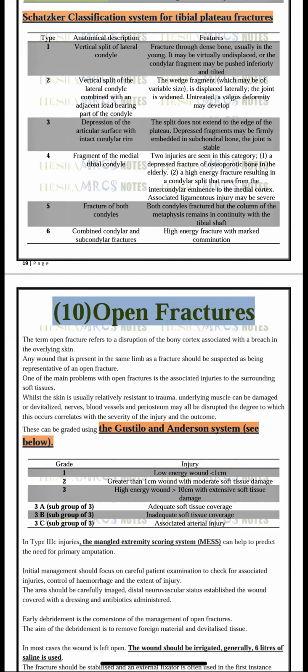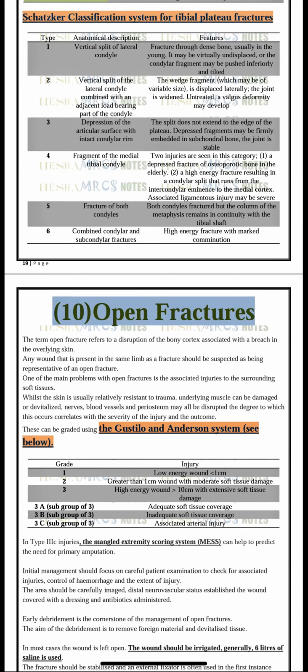Type 3B, you will have injury more than 10 centimeter, but without adequate soft tissue covering, and you will need reconstruction. Type 3C, you will have associated vascular injury. In type 3C, you will go according to MESS classification.